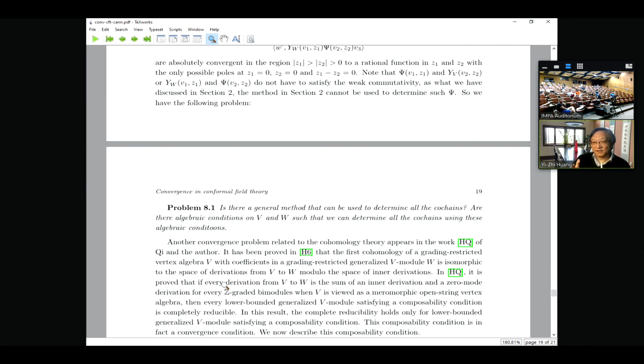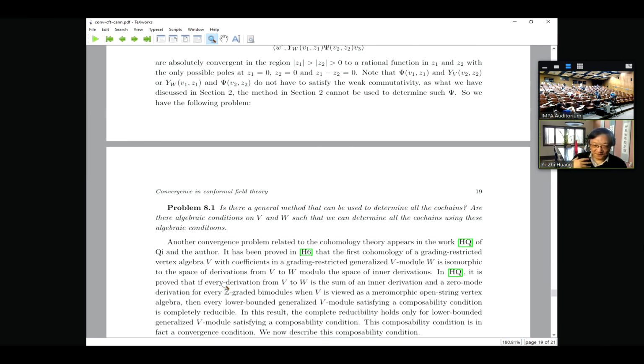So if the space of zero mode derivations modulo inner derivations is equal to the first cohomology, then we prove that any module is completely reducible. This is very nice, but there is another condition.